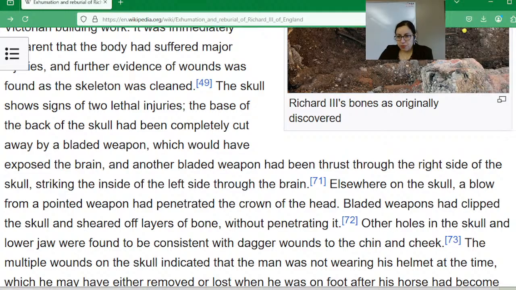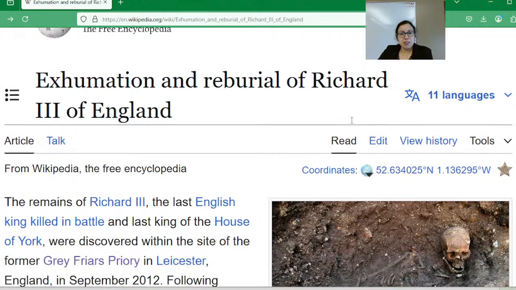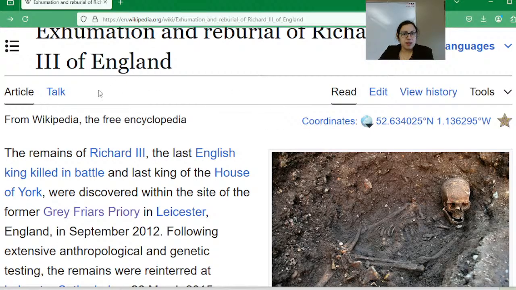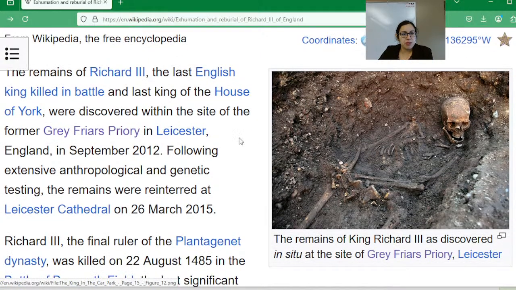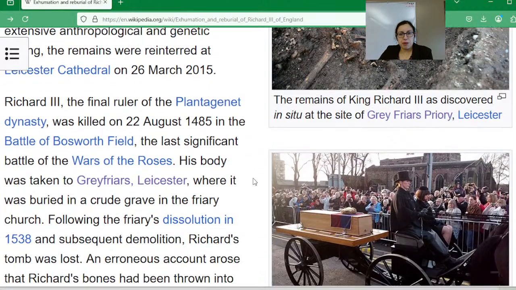So as you finish up the problem, you can look up Wikipedia, or probably want to find a better historical reference, but essentially King Richard III's body was lost. He was killed in battle, and then they lost it and didn't know where his body was buried.